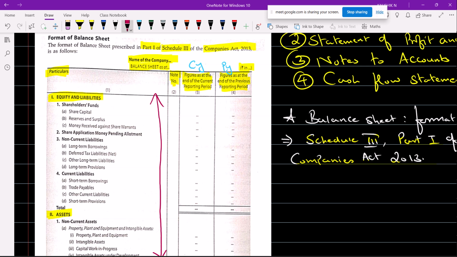Then you may ask, will we never come across a horizontal balance sheet in grade 12? No, not like that. You will be using the horizontal balance sheet also in grade 12, but you will be restricting it only to partnership accounting. You have three books, as I said. One of the books is completely about partnership accounting.